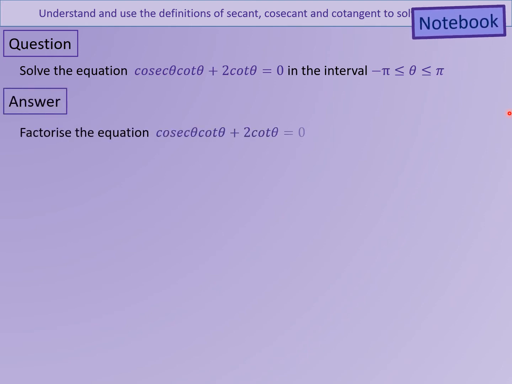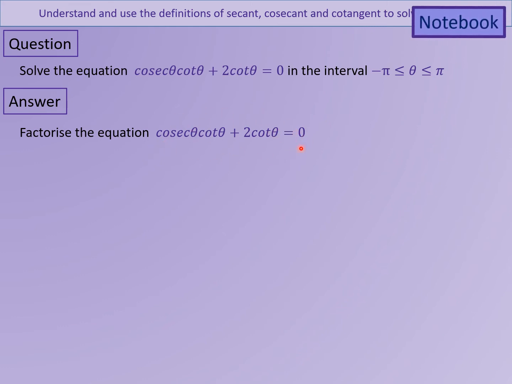So first thing I need to remember is what cot is, what cosec is, and what sec is. So those are my 3 equations. Now we did that earlier on in the previous lesson when we looked at the graphs. Now what you don't want to do is just dive headlong and suddenly start rewriting these as 1/overs.